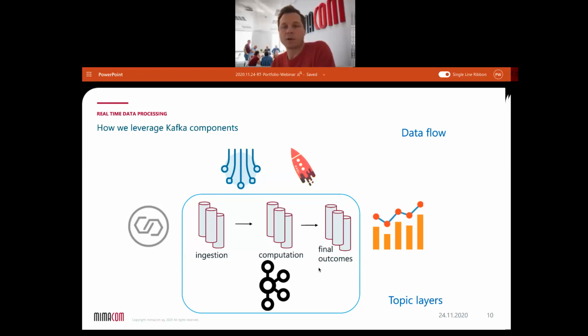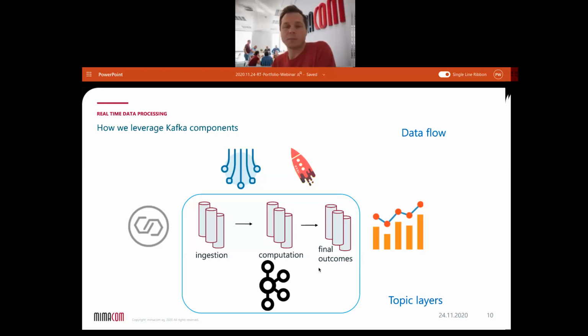And on the right, you can see depiction of graphs, which are provided to the end user. In the middle, we plan on dividing Kafka into namespaces or areas. And you can see the ingestion topic on the left is used to hold data from external sources.